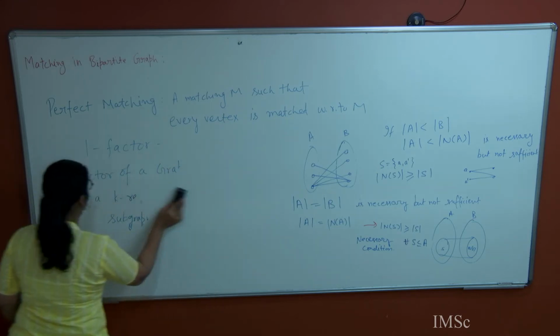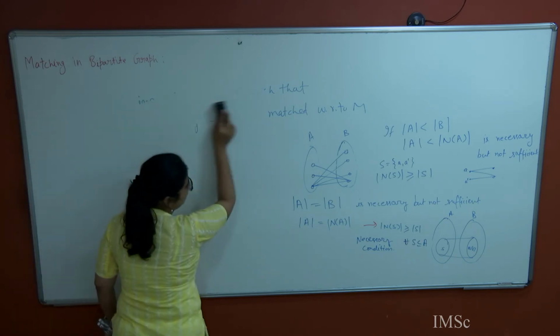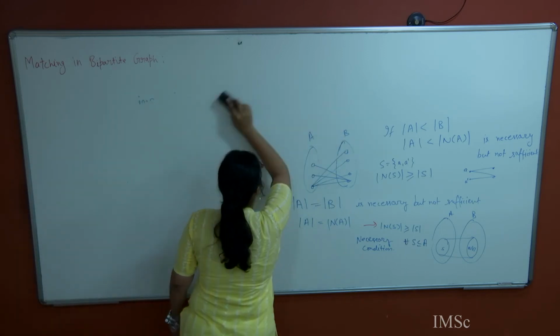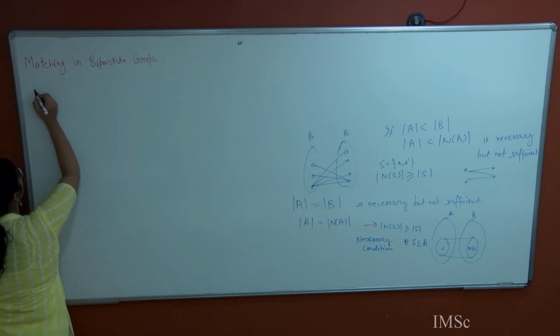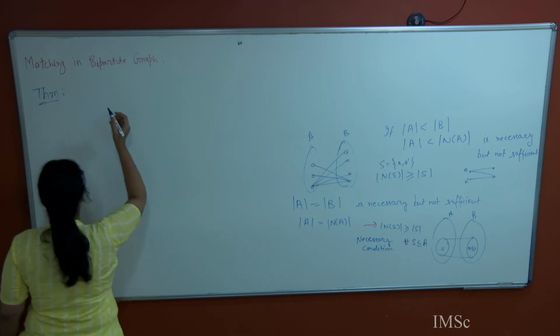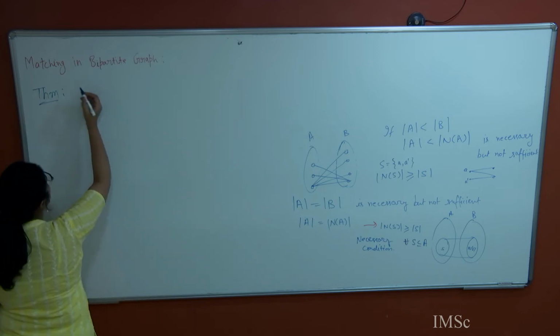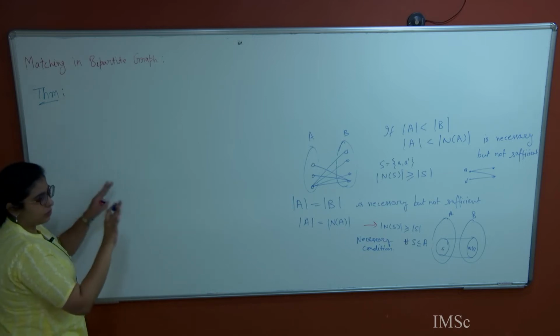So we can say that there exists a matching which saturates A if and only if this condition holds. So this is the theorem. And we are in a bipartite graph, so we are doing this for bipartite graphs.